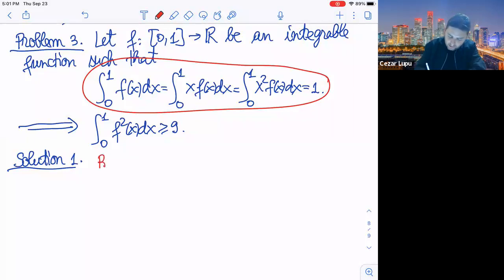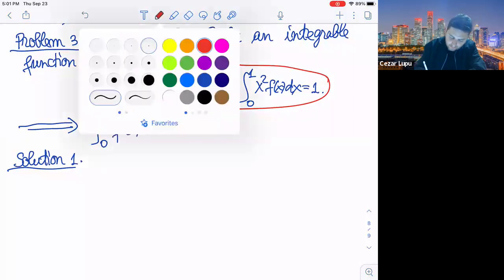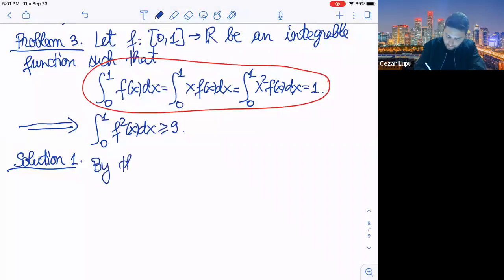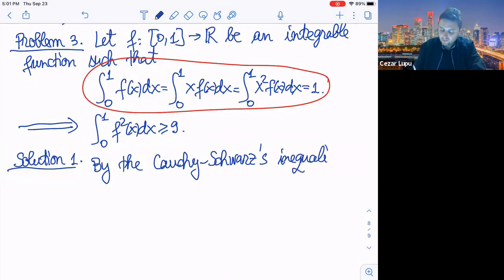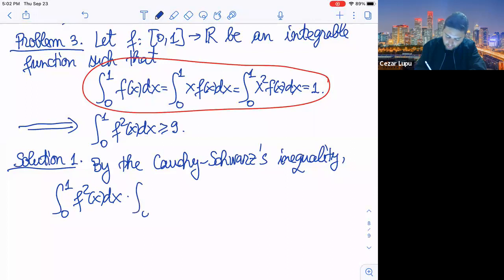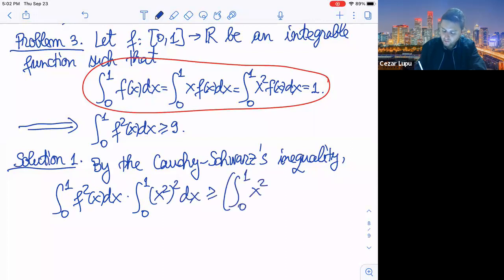By the Cauchy-Schwarz, the integral of f squared times the integral of x squared is greater or equal than the integral of x times f of x dx, squared.